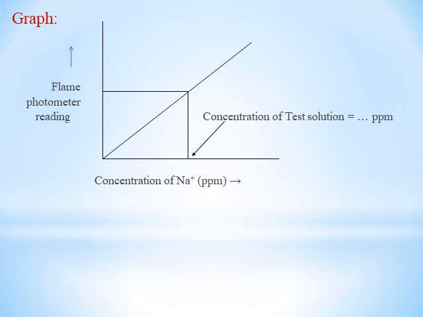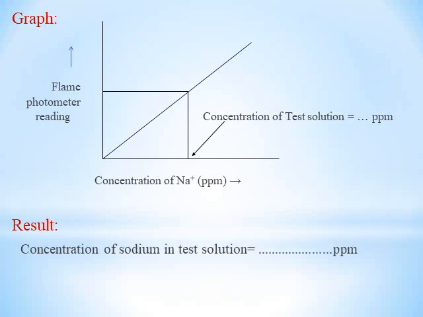From the test solution value, you draw a line to the calibration curve, and extend that line to the x-axis to get the concentration of sodium in the test solution, which is equal to so much ppm. So the result is that the concentration of sodium in the test solution is so much ppm.